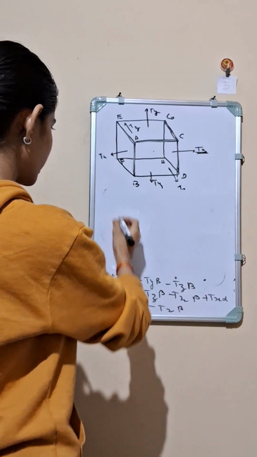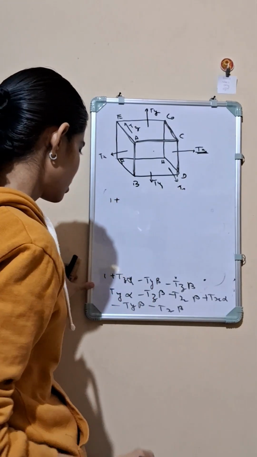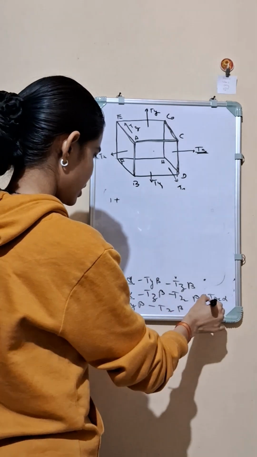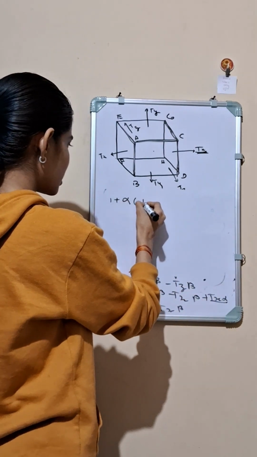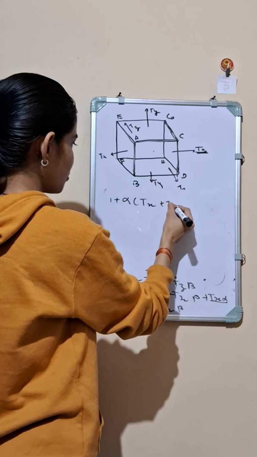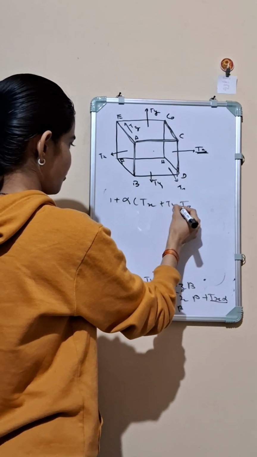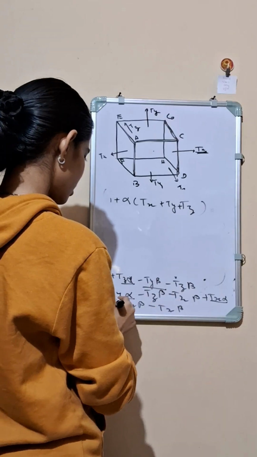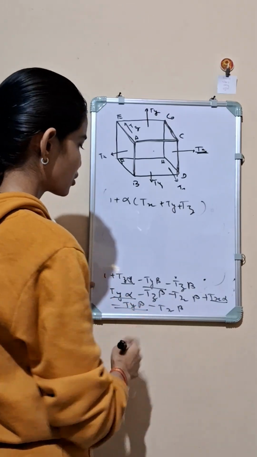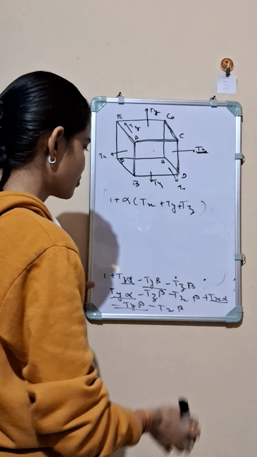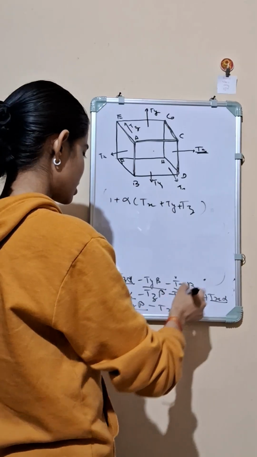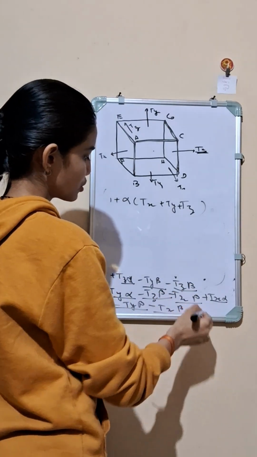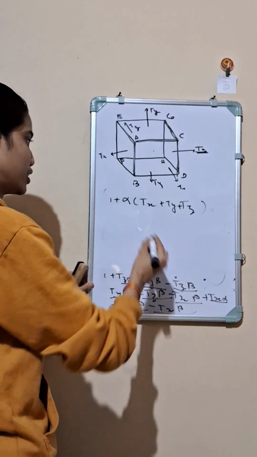So this is the result: 1 plus Tz alpha, Ty alpha, Tx alpha. I can take alpha common and write Tx plus Ty plus Tz, and here minus Ty beta, minus Ty beta, 2 times minus Ty beta, minus Tz beta minus Tz beta, 2 times minus Tz beta, and similarly 2 times minus Tx beta.